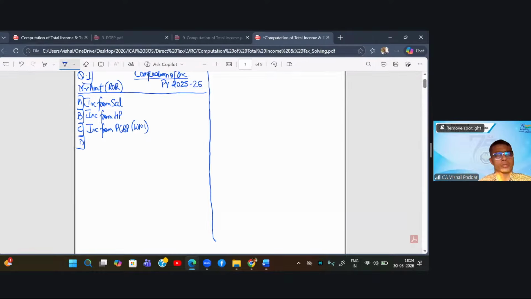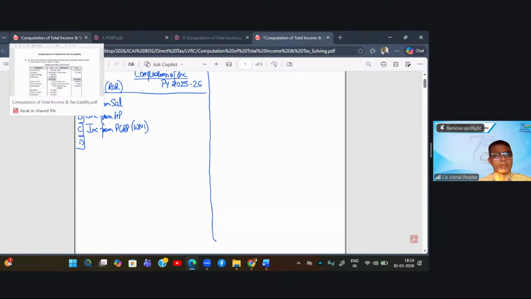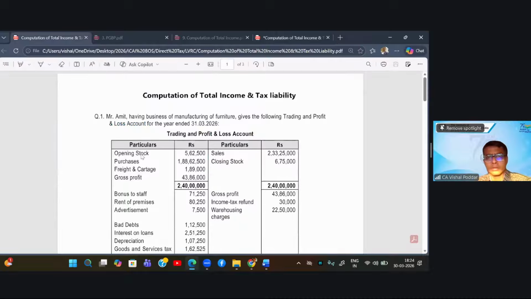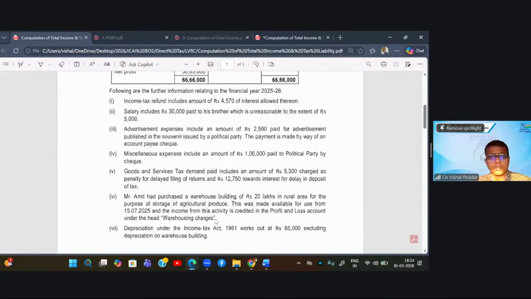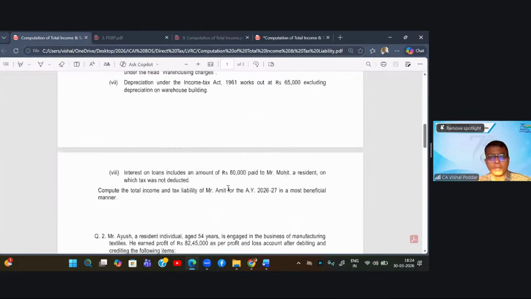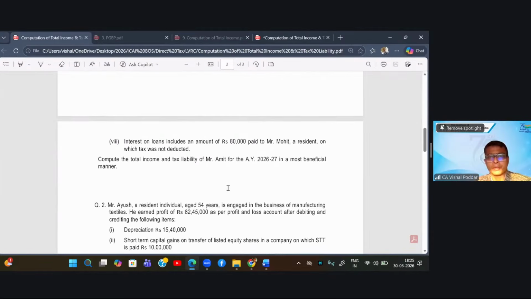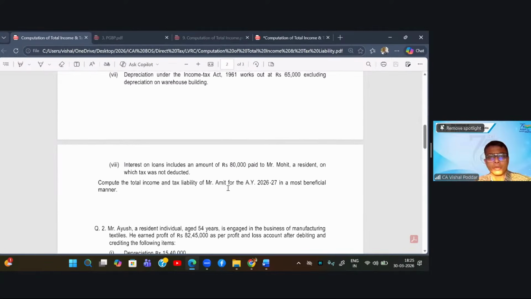Then in this question, we have income tax refund, we have warehousing charges, salary, advertisement, miscellaneous, GST, purchase, warehouse building, depreciation, interest on loan.